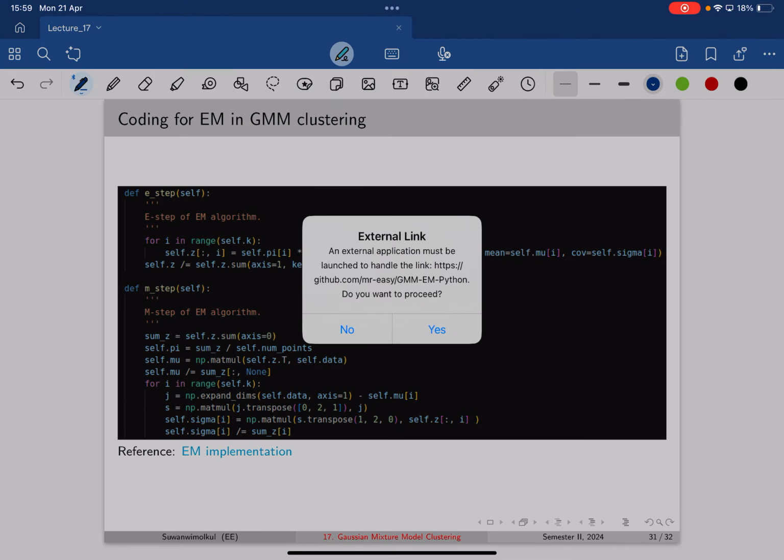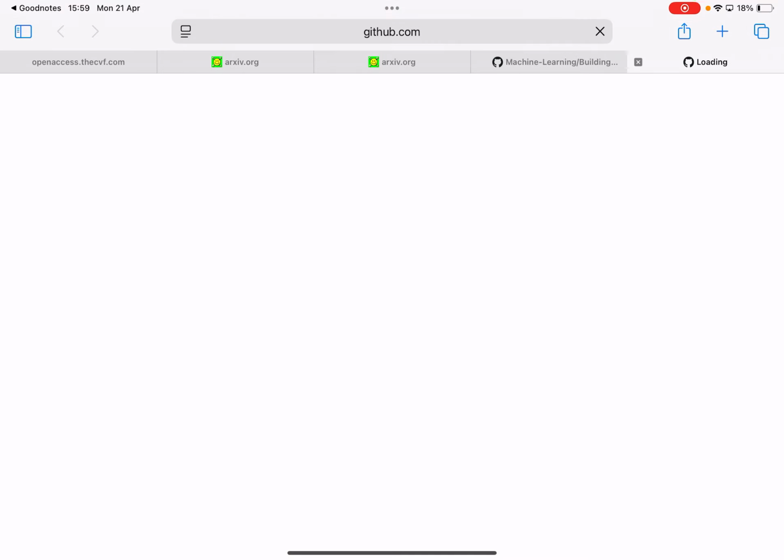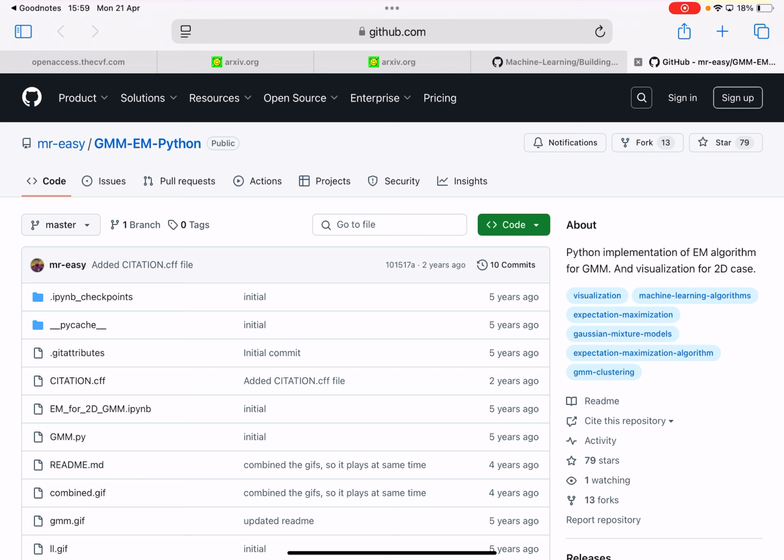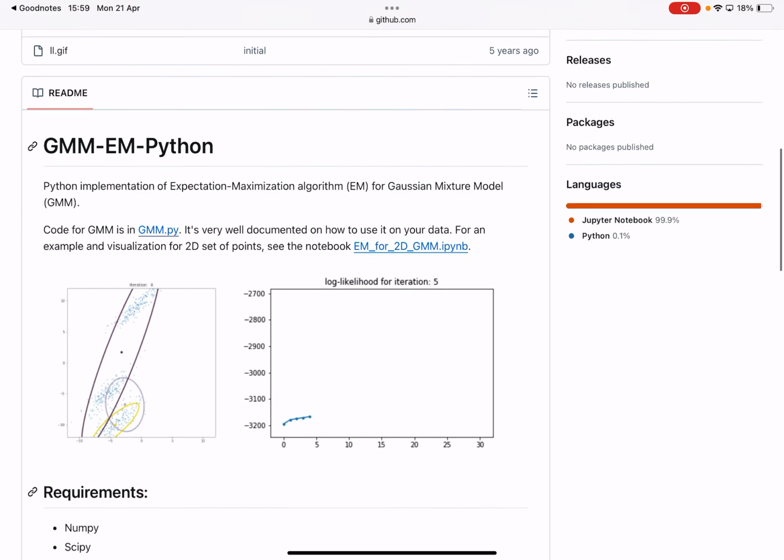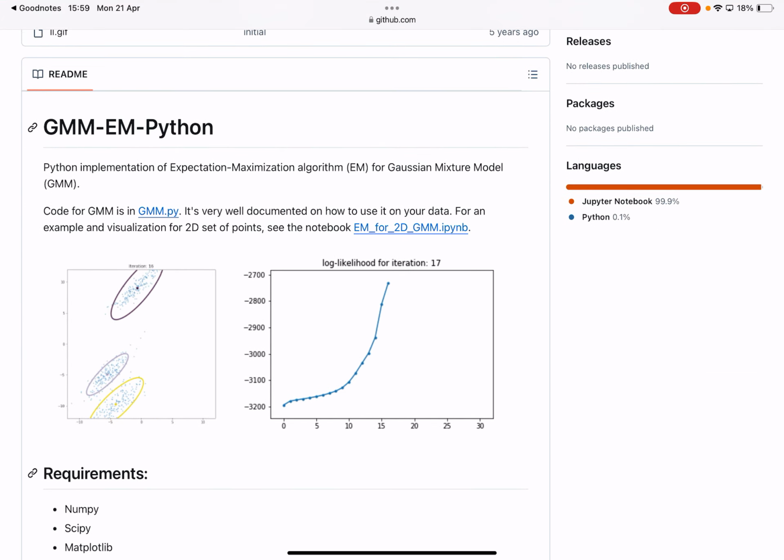If you click into the link that I attached, you will go to this GitHub page, which has a visualization of how the algorithm progressed, and the fact that the log likelihood of your function will start to converge when the algorithm performs steadily, estimating the model parameters. These are side notes because we don't have the lab. Therefore, I provide code for you to go back and try it.